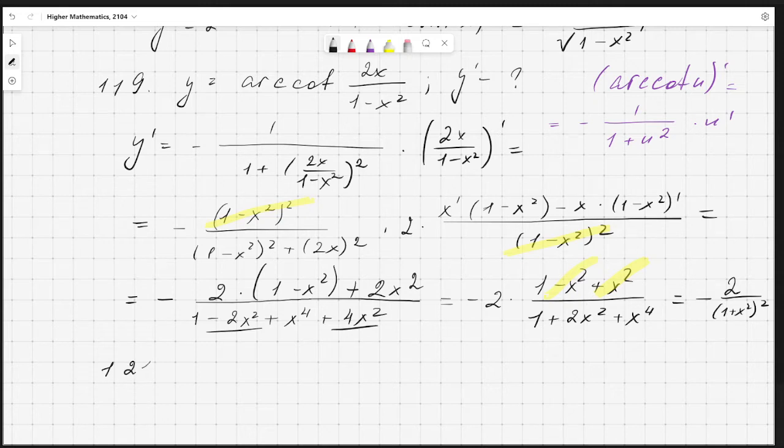121. Next function, y is arccosine of x over x.